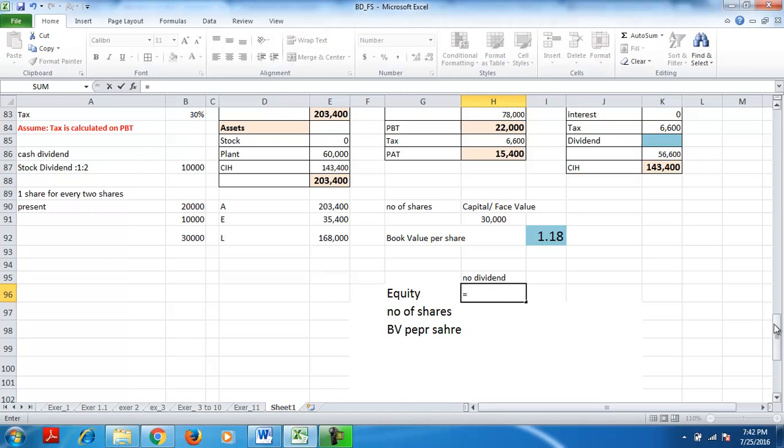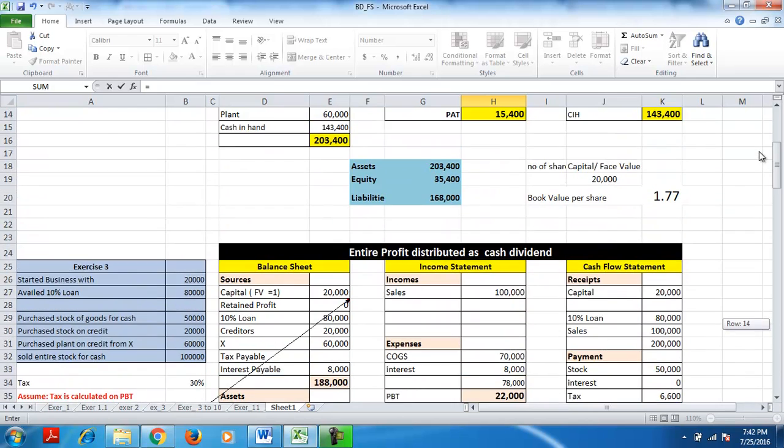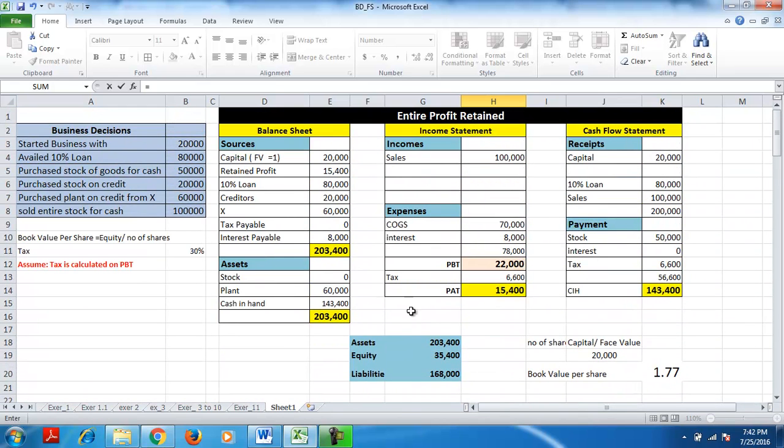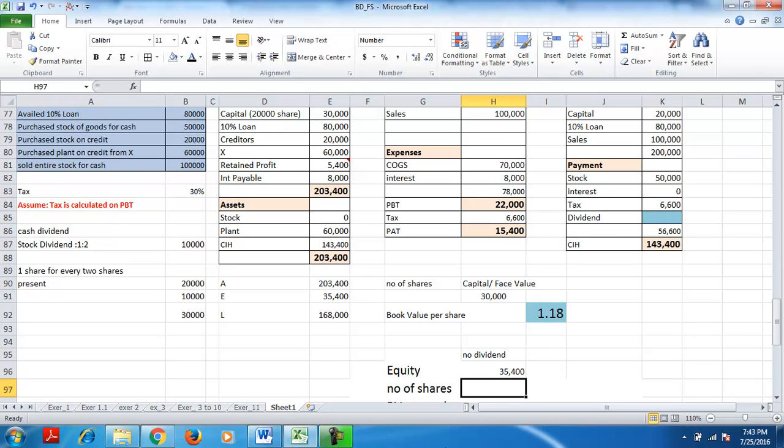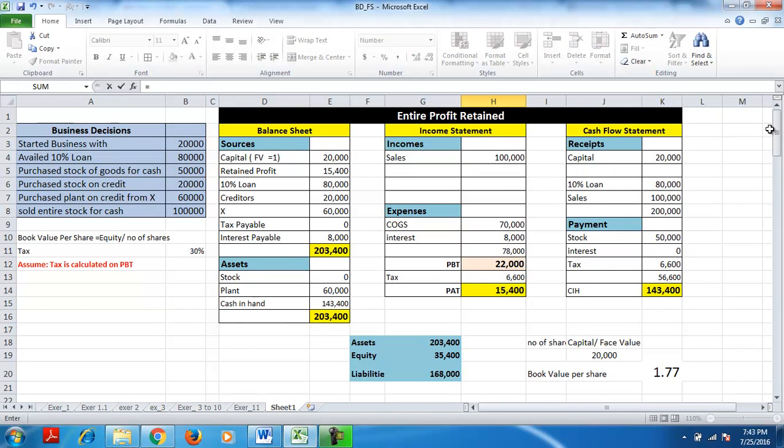When we are not distributing dividend, our equity was 35,400. The number of shares is 20,000.